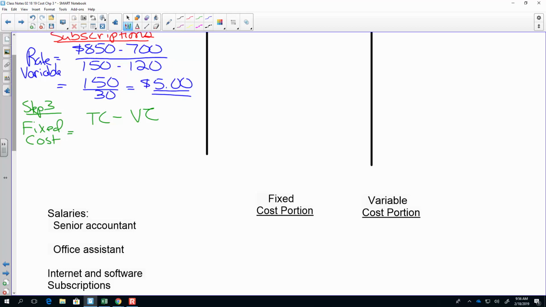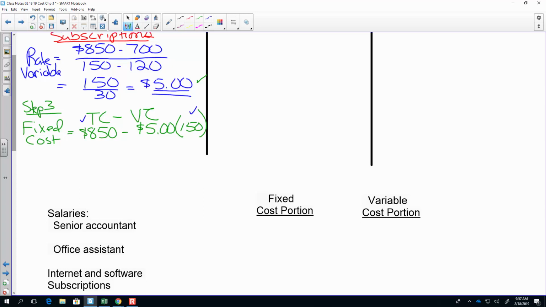I'm going to pick the high level. 850 is our total cost at the high level. And the variable cost we can write as an algebraic equation, using our variable rate, $5 times x, which in this case, x is 150. Make sure when you're computing the fixed cost that the activity level matches the total cost level. 150 is to the 850.